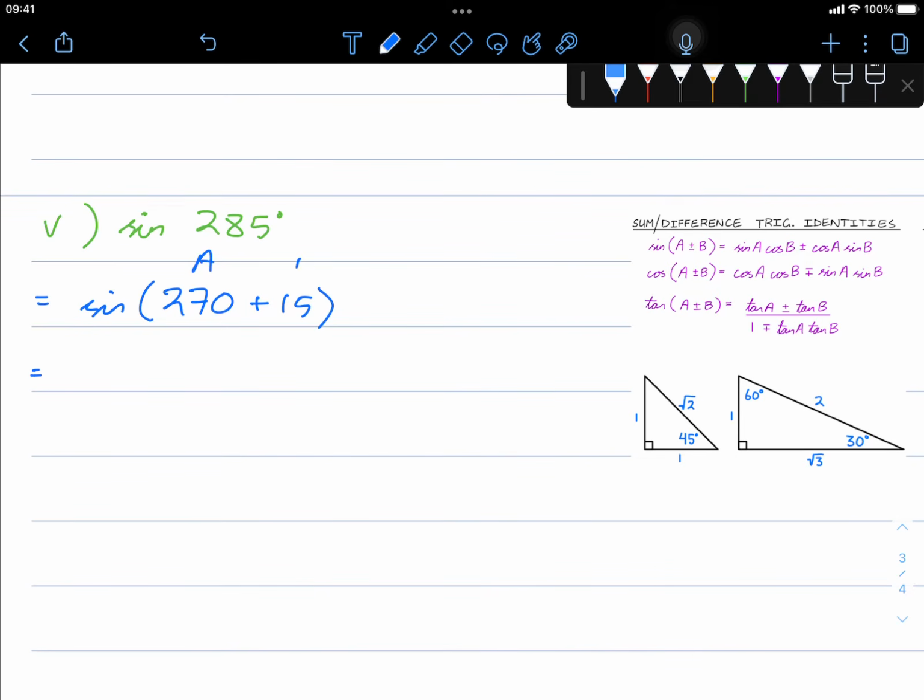So the exact same thing, that's A and B. This becomes sine of 270 cos 15 plus cos of 270 sine 15.